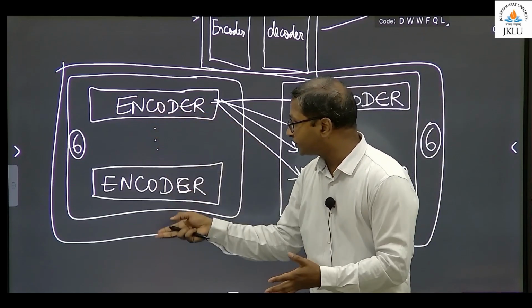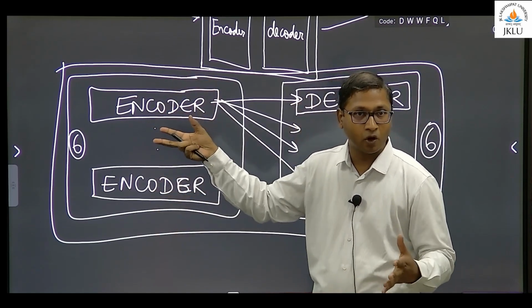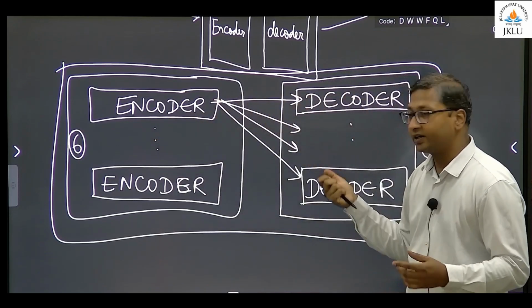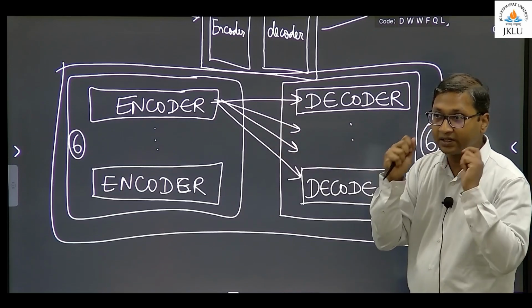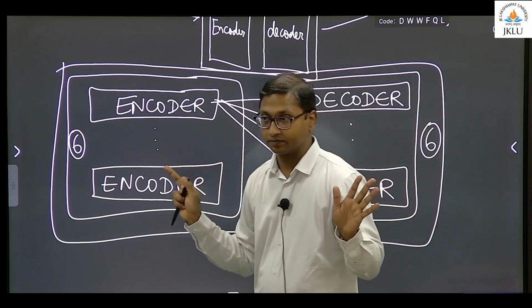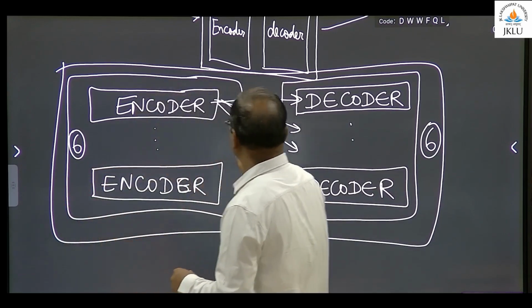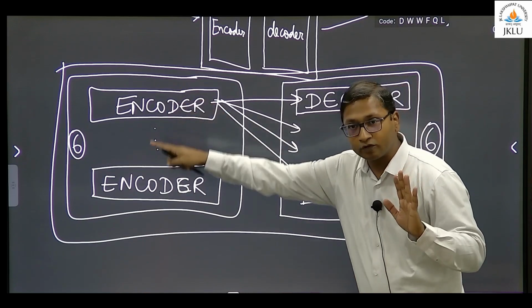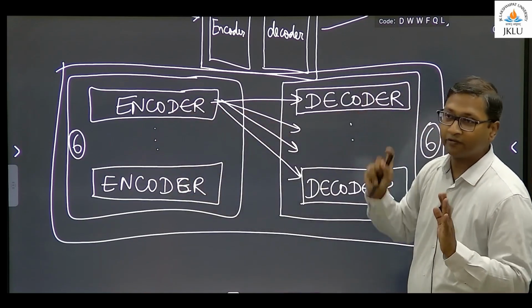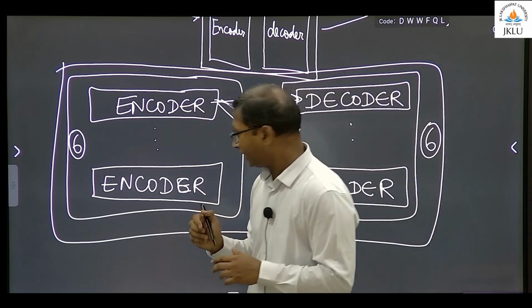So the output of this whole encoder block combined is fed to every decoder, be it the first. So all these vectors are basically giving me the same numbers, right? It's not that different numbers are sent here and so on. These are the output of this whole block and are fed to every decoder. Okay? Sure.